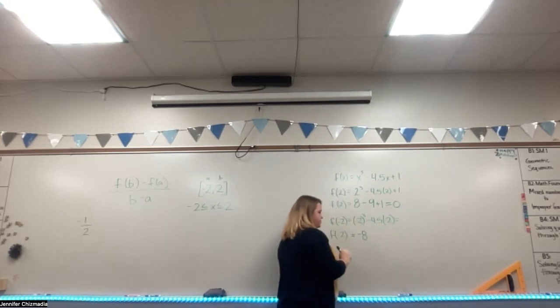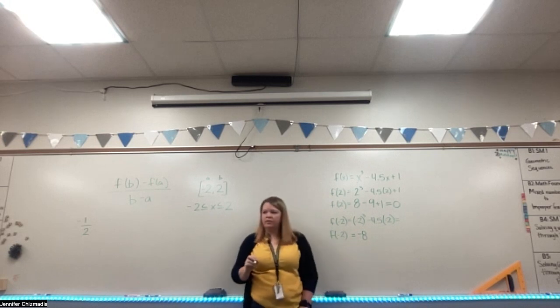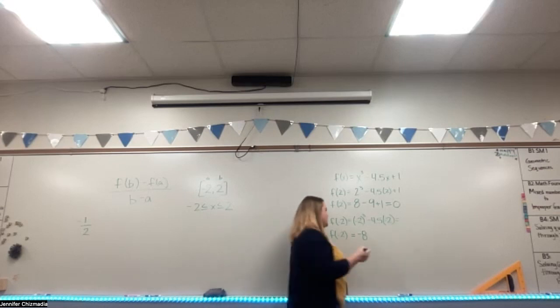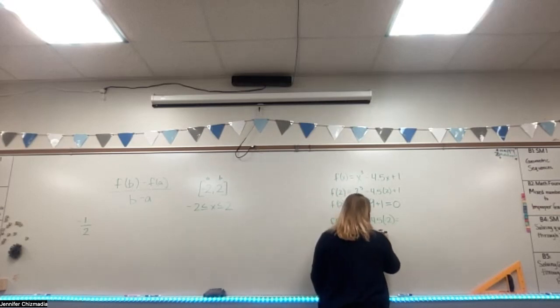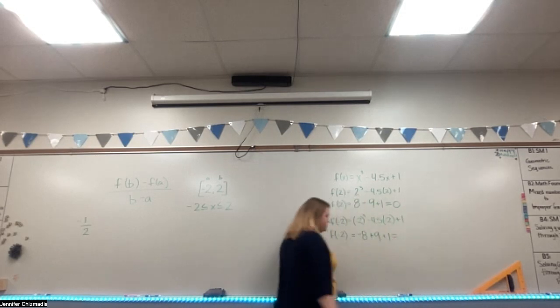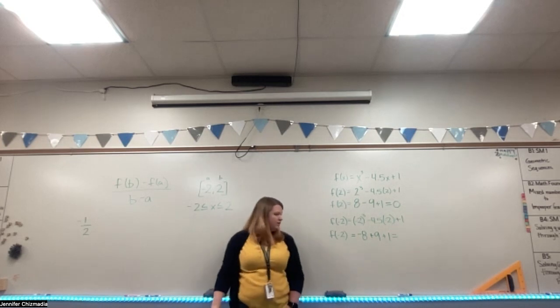Negative 8. Okay. Minus negative 9, or is that just 9? You tell me. Positive 9, because they're both negative, and a negative times a negative. Plus, oh, look, I forgot the +1, and no one noticed. I'm gonna grab candy out of that. Okay, -8 plus 9.